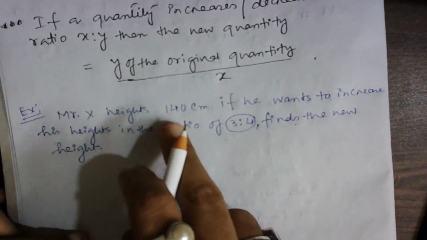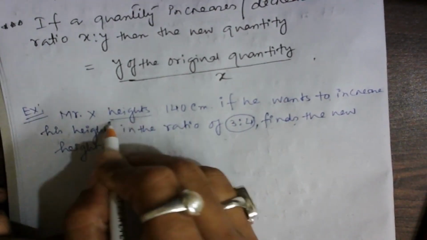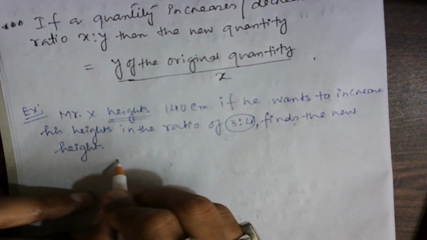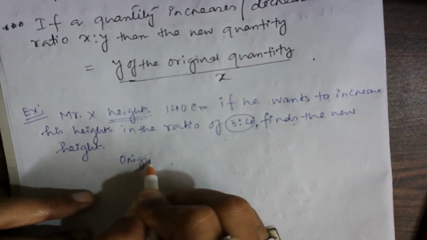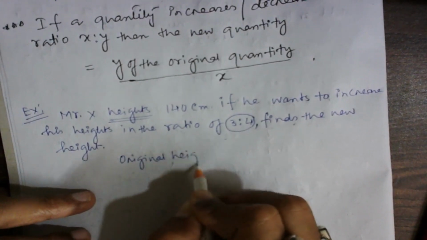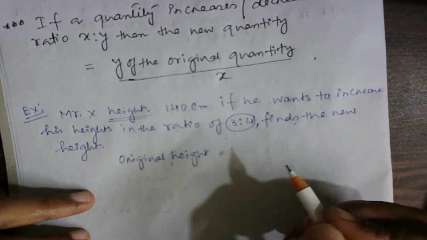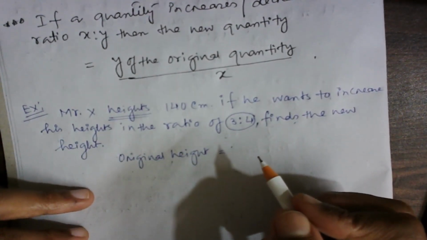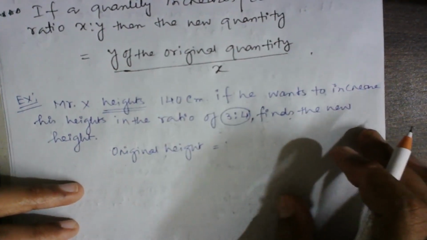So guys, what is the quantity? The quantity is height here. The original height is 140, correct?